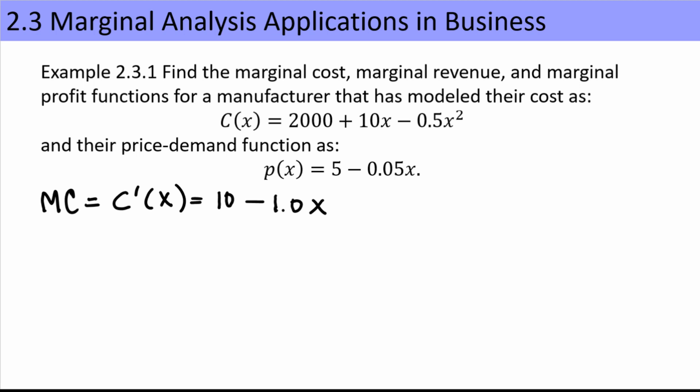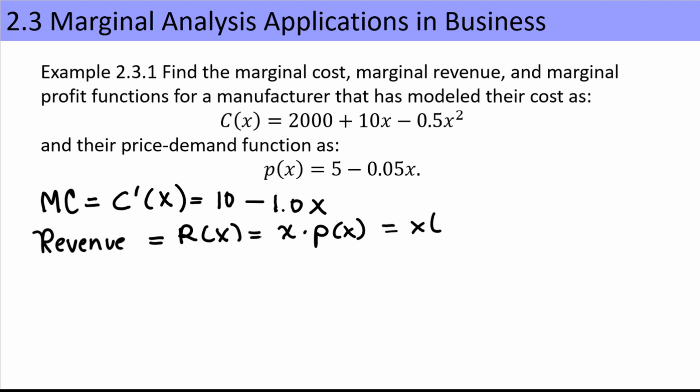Now, in order to find the marginal revenue, we first have to get the revenue function. We know that the revenue function R of x is equal to the quantity x times the price demand function. So that's x times 5 minus 0.05x. If we distribute that x, it'll be 5x minus 0.05x squared.